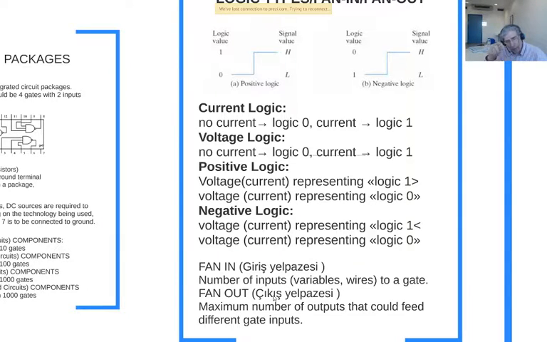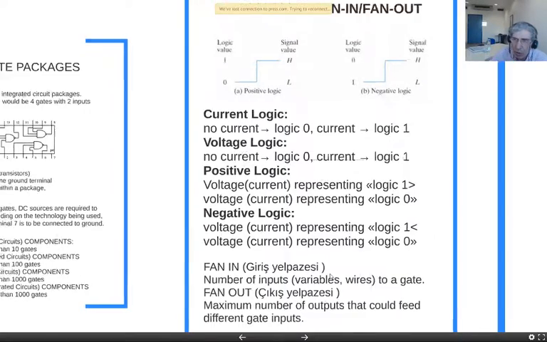For each element, fan-out tells you how many different inputs you can connect this element's output to. If fan-out is 10, it means this AND gate output can be connected to 10 different logic elements' inputs. Why we have a fan-out concept, I will explain in different frames later on.